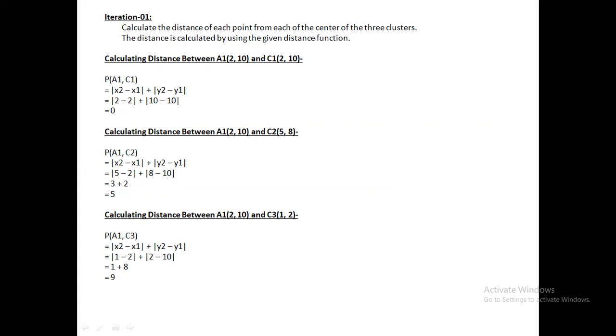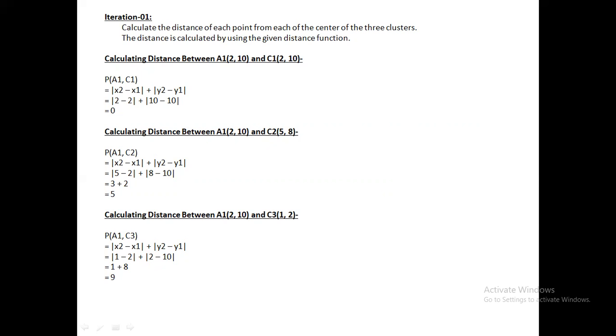The distance between point A1 and cluster 1 is 0. The distance between A1 and cluster center 2, that is (5, 8), is 5. The distance between A1 and cluster center 3, that is (1, 2), is 9.